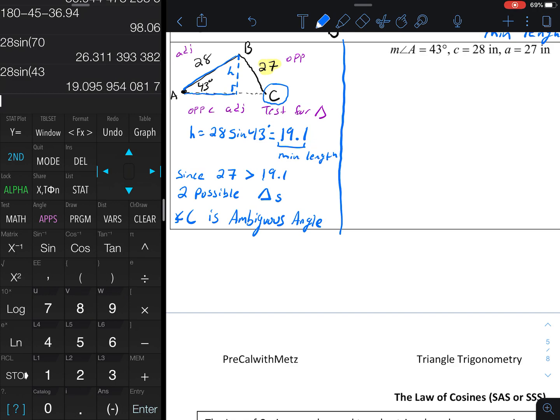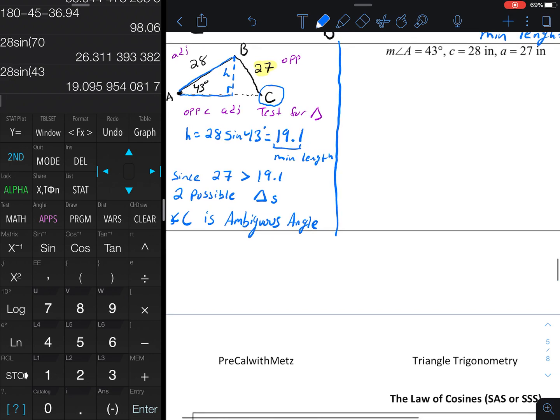That means we have two cases. Case one is the triangle is exactly the way I drew it, where angle C is located to the right of the altitude, making angle C acute. So case one is C is acute.